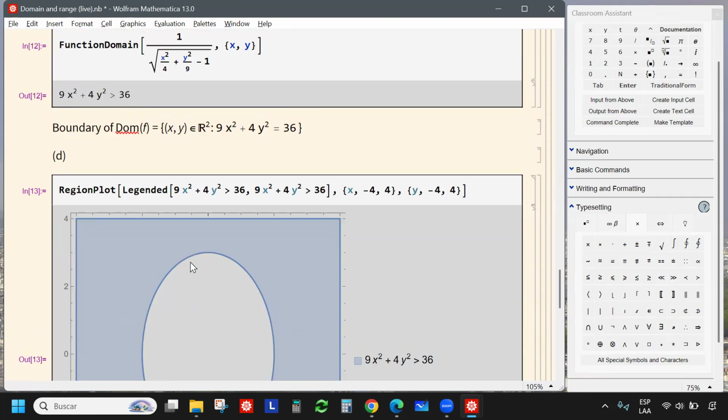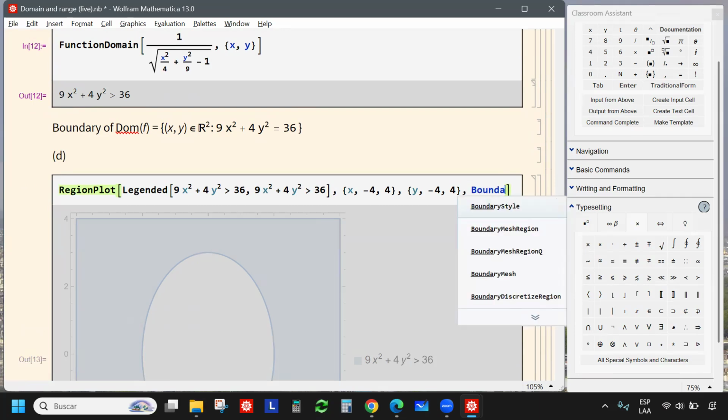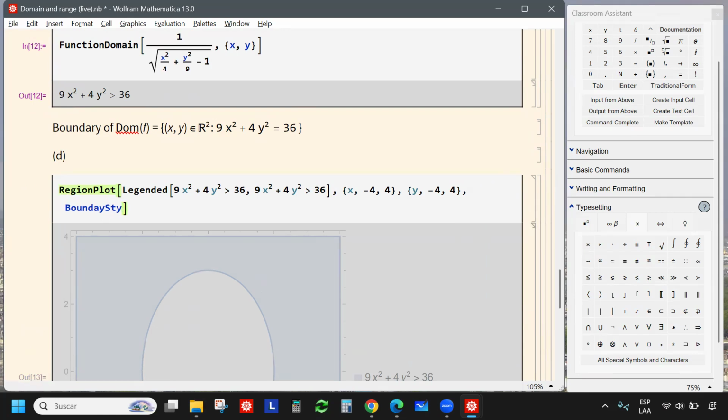Well, as I was saying, this boundary is not part of the domain. So we should have it with dashed lines. We add the option boundary style. Boundary style dashed.